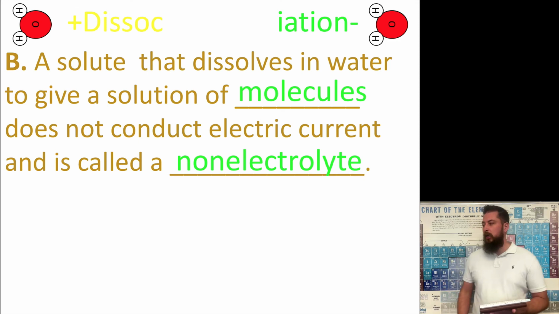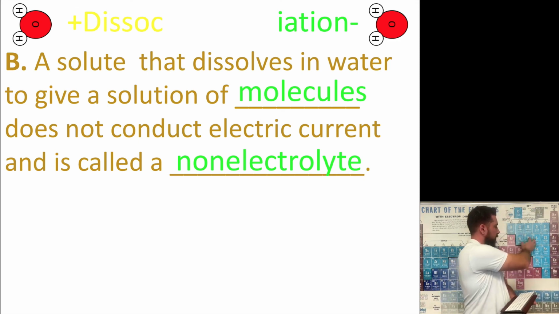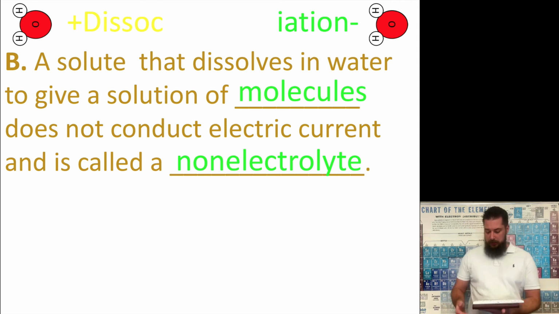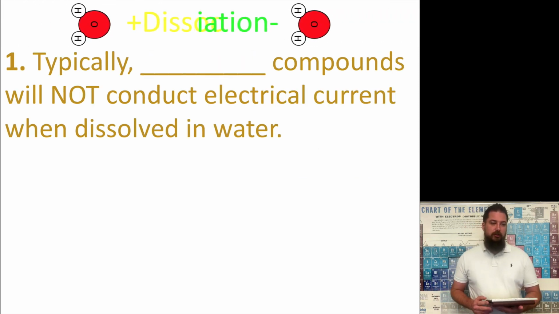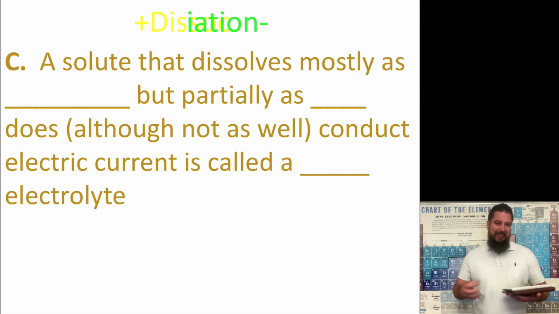And just a quick reminder, ionic is a metal and a non-metal. So if you have a metal and a non-metal that's ionic, it will conduct electricity. If you have two non-metals, that's covalent, it will not conduct electricity in solution. So typically, molecular compounds will not conduct an electric current when dissolved in water because they stay intact.